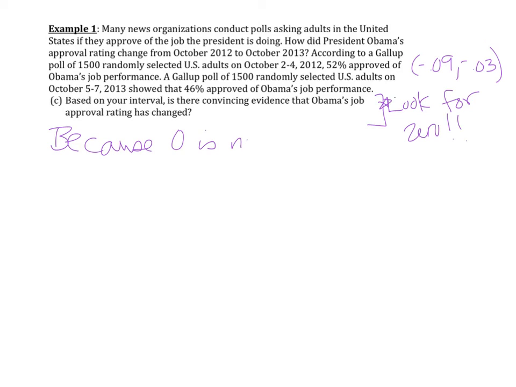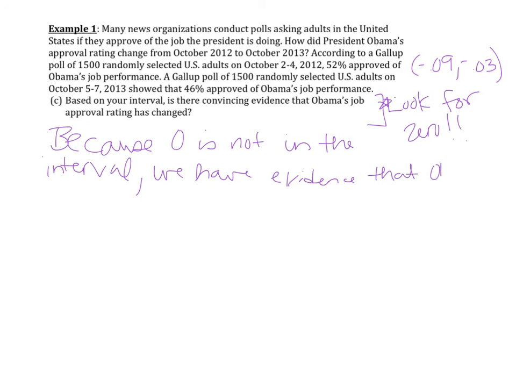So I'm going to say because 0 is not in the interval, we have evidence that his approval rating changed, and you can say changed between 2012 and 2013.